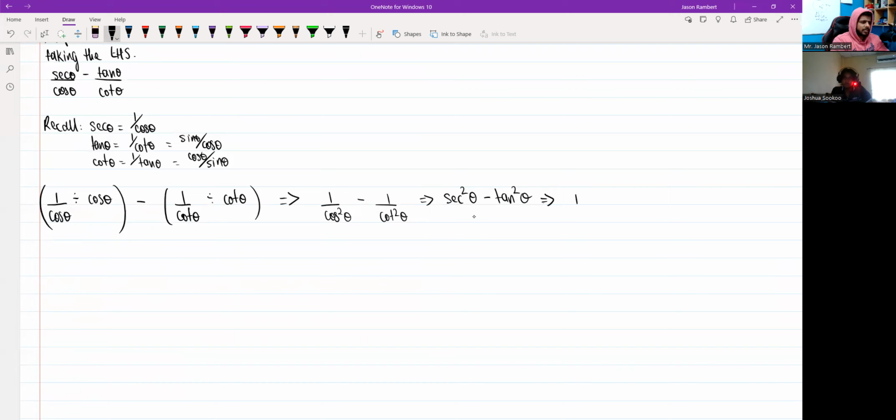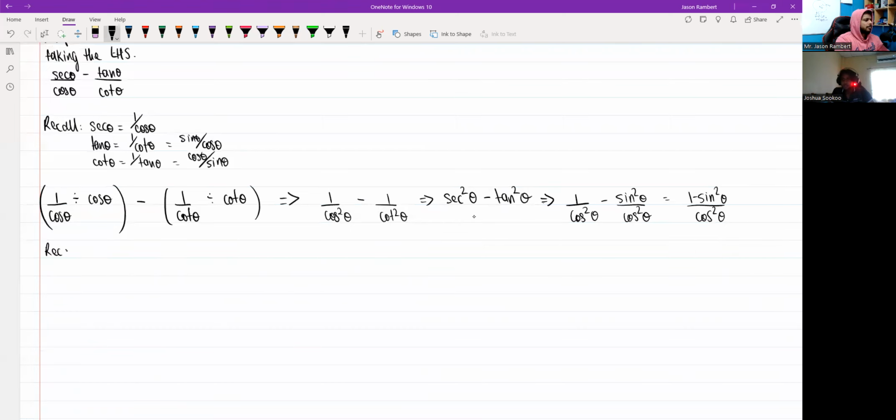So sec squared theta is 1 over cosine squared theta minus tan squared theta, which is sine squared theta over cosine squared theta. The denominators are the same: 1 minus sine squared theta all over cosine squared theta.